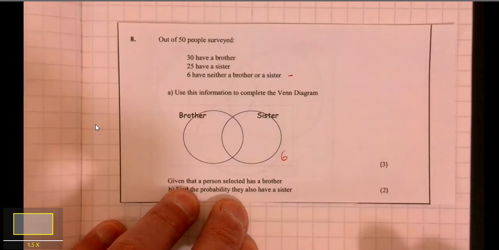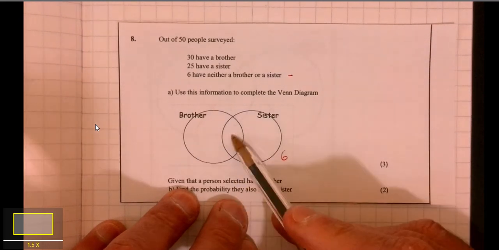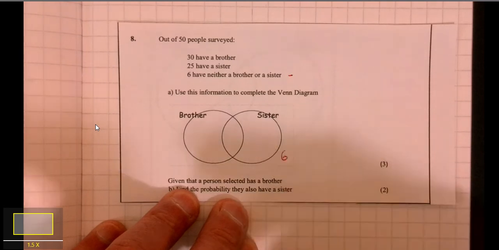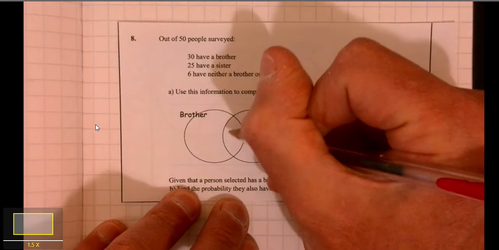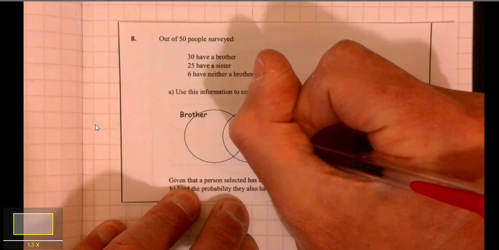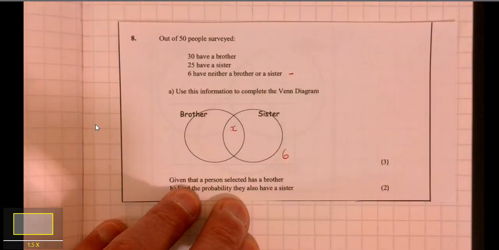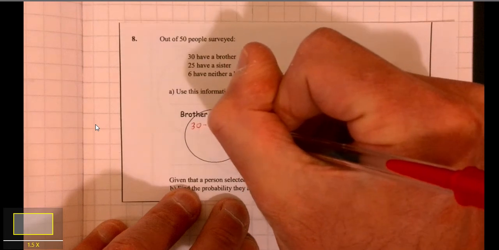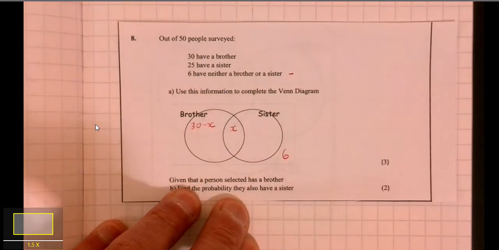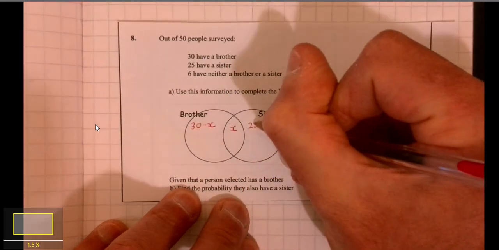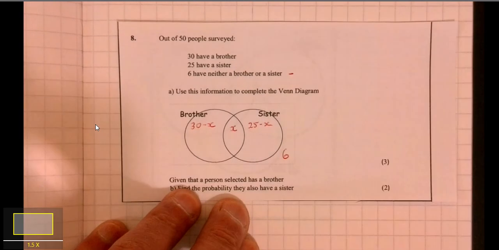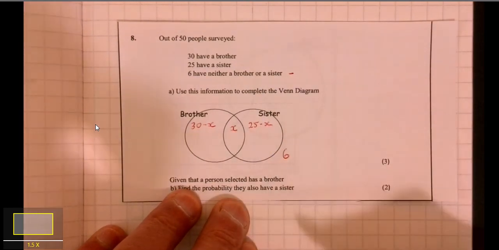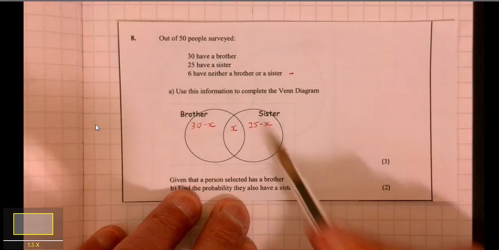Now the easy way to do this is that we know that everything there adds up to 44. So if we cheat a little bit and call this middle part x, then in here that's 30 take away x, and this would be 25 take away x. What do I know? I know that this add this is equal to 44, 50 take away 6.